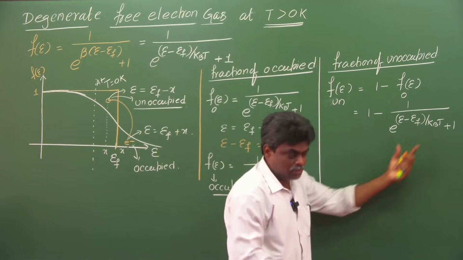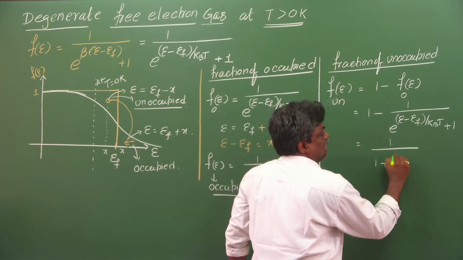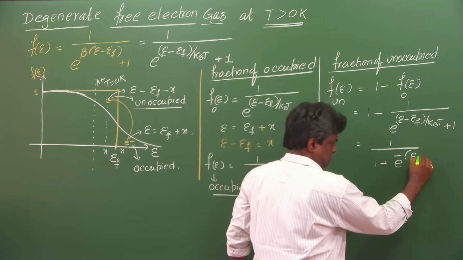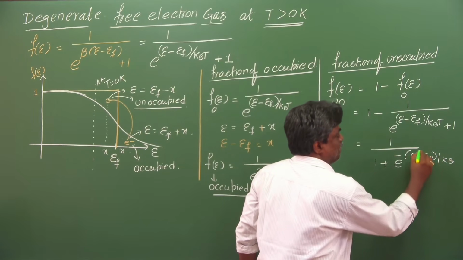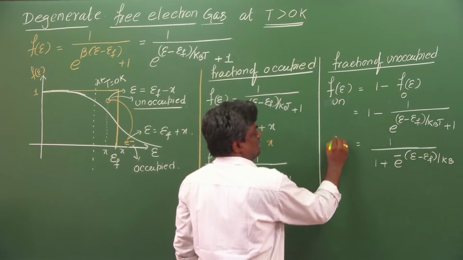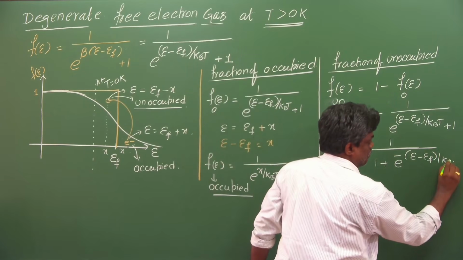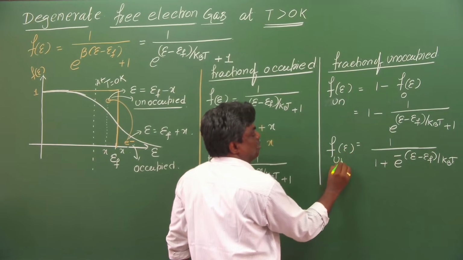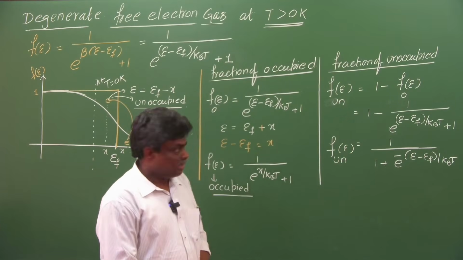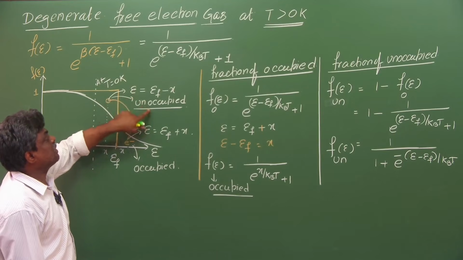Again bring it down: 1 by 1 plus e raised to minus of that. Is this the fraction of unoccupied or occupied? Again, go back to the unoccupied condition. What is the energy for unoccupied?